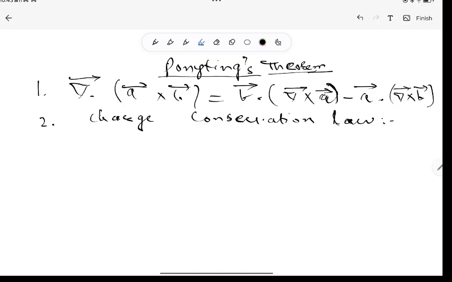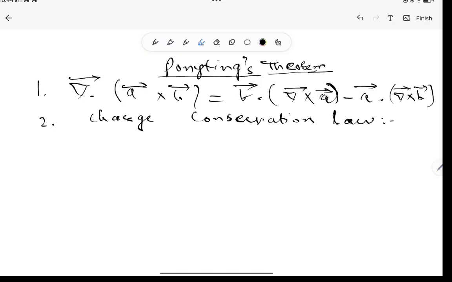That means only those things happen in this world which obey those conservation laws. There are 7 absolute conservation laws, and those processes which violate them do not happen at all. One of the conservation laws is charge conservation.